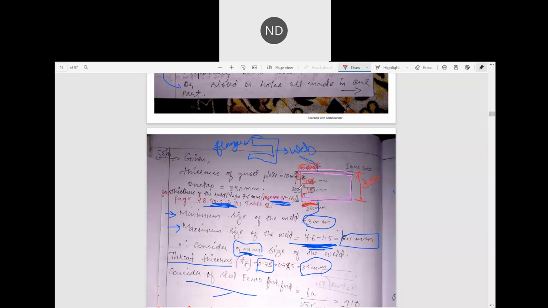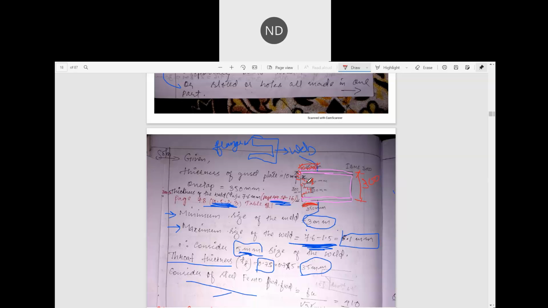And now if you see, these are the extra portions, this length, this length, this length. This one, right? This 1, 2, 3, and here you have 4. So four of these weldings are there.